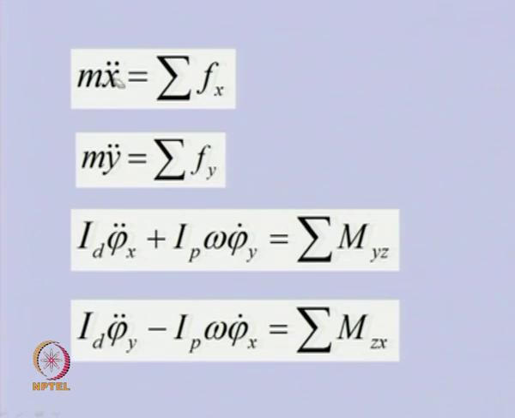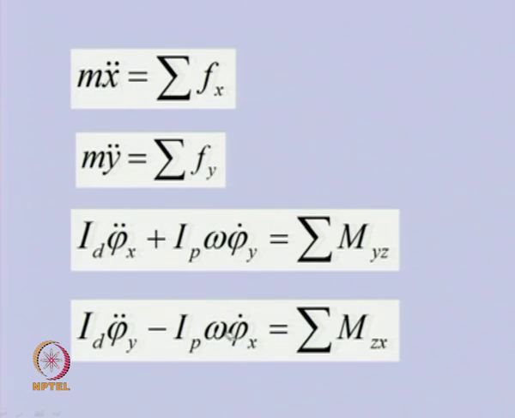These two are basically translatory motion, because the gyroscopic effect is not present in them, so this will be simpler. So we will not consider this particular thing. Now the gyroscopic moment: you can see this is the external moment in the YZ plane, and this is the inertia term, one due to the angular acceleration and another due to the gyroscopic couple.